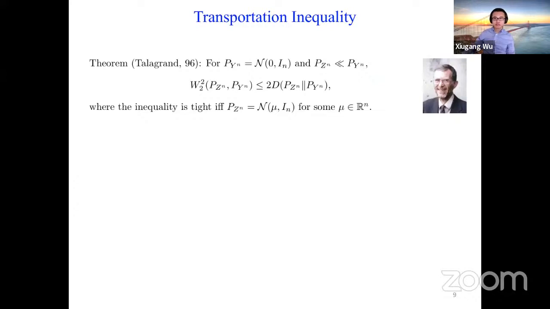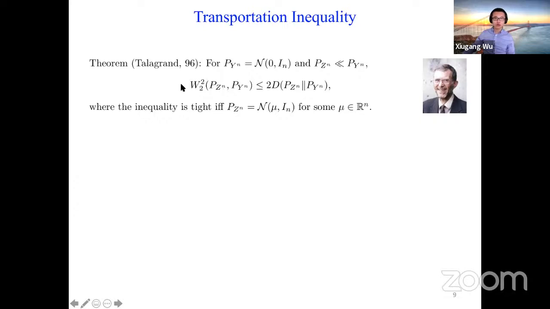Okay, so one of the central topics in optimal transport theory is to derive the so-called transportation inequalities that upper bound the transportation cost.